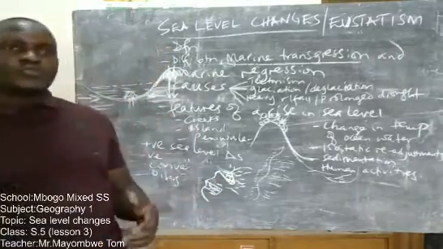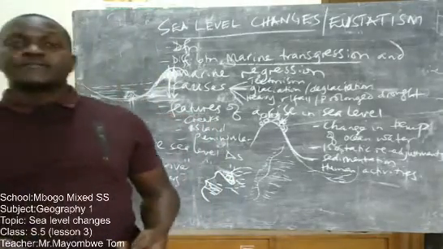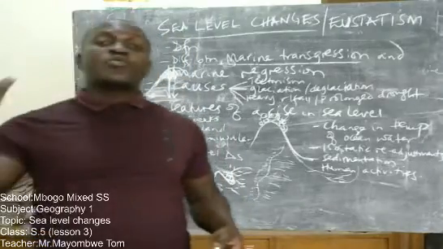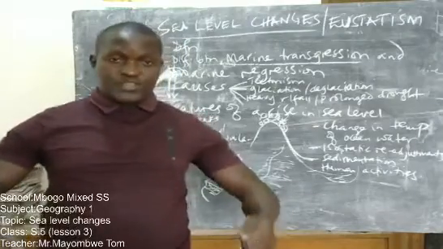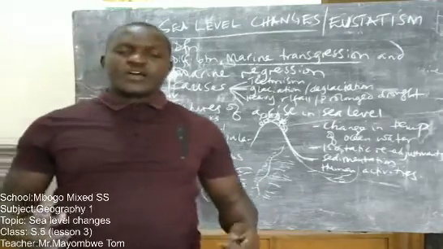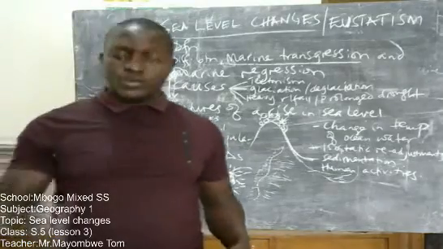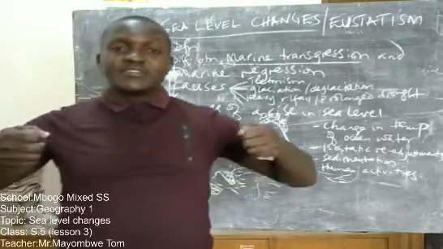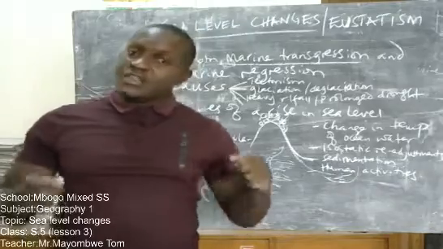So during the construction of these hotels and artificial piers, many tons of hardcore stones and soils are dumped into the water, of course, to create a firm foundation. So as these soils and hardcore stones are dumped into the water, they displace the water upwards, leading to a rise in the sea level.